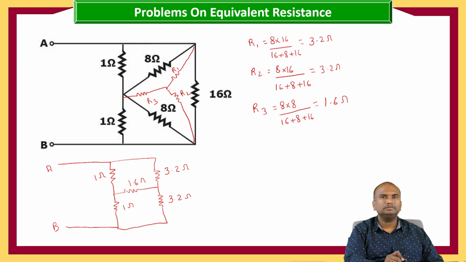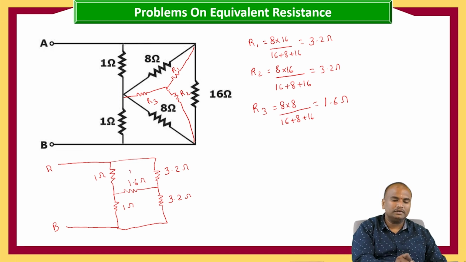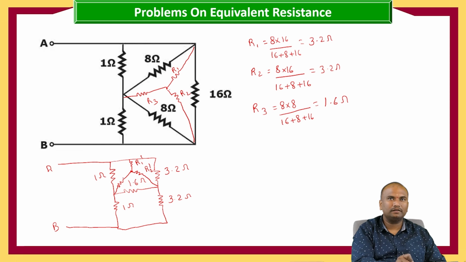So here we can go with again delta to star transformation. So here is our resistors. This is R1 dash, R2 dash, R3 dash.